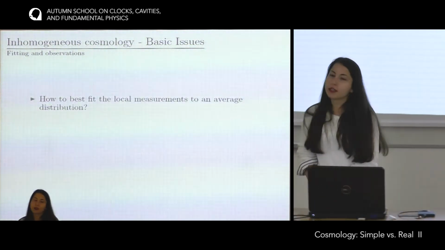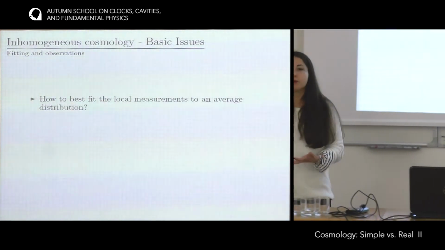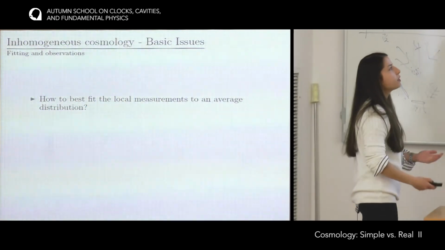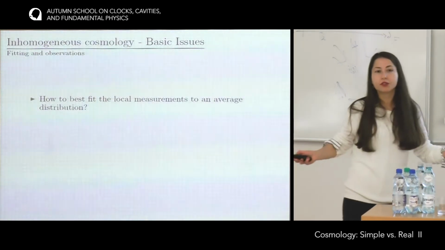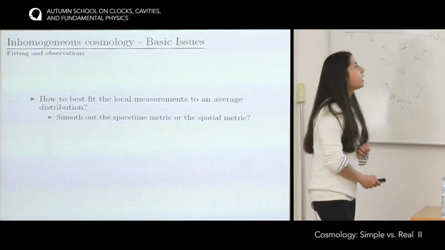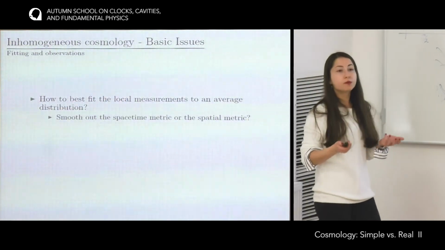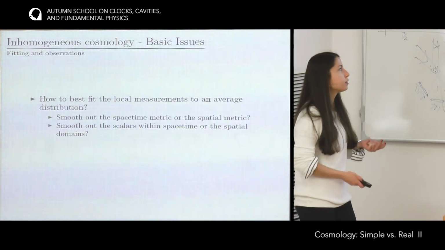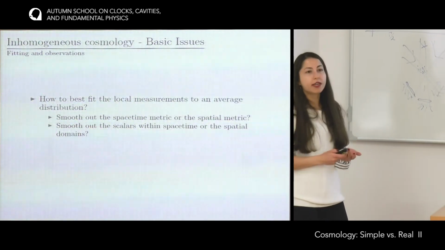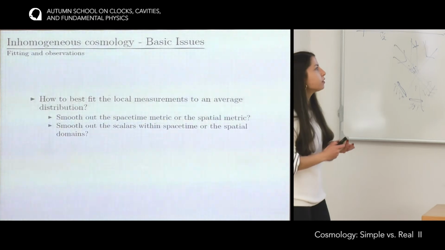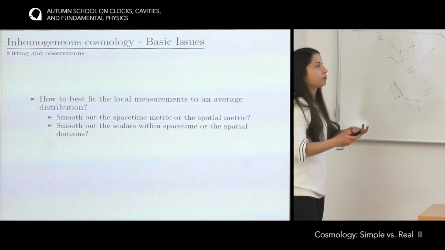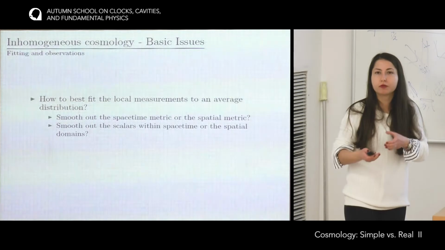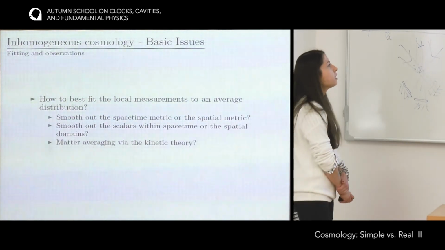And then there's the fitting and observations, all those problems with the actual data, how to best fit the local measurements to an average geometry. And how are you going to smooth out your space-time metric or your spatial sections? Smooth out the scalars relevant for the observations, or do you even define those scalars for space-time or for the spatial regions?